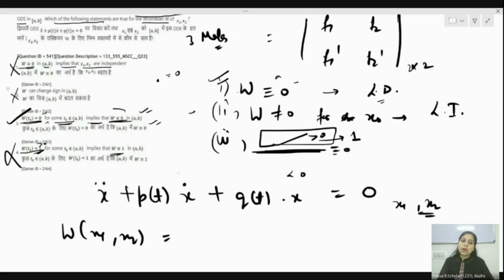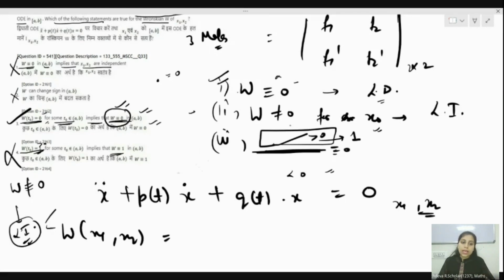See, let us assume the Wronskian is not identically 0. If the Wronskian is not identically 0, that means either it is positive or negative. In both situations, it will give you linear independence. And if we are saying linearly independent, that means it cannot be 0.